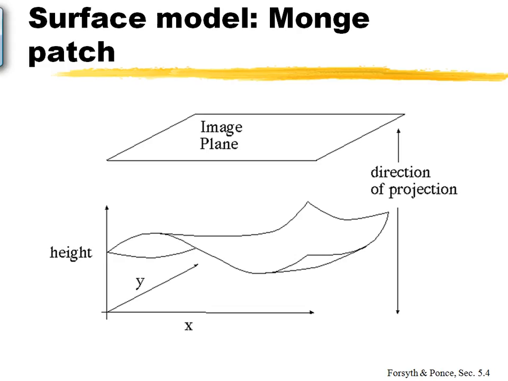So this becomes now essentially the problem where I want to estimate the surface map given multiple images where the light source is known and the imaging geometry is known. Okay? So it becomes essentially a problem of figuring out how some varying surface gets projected onto my image.